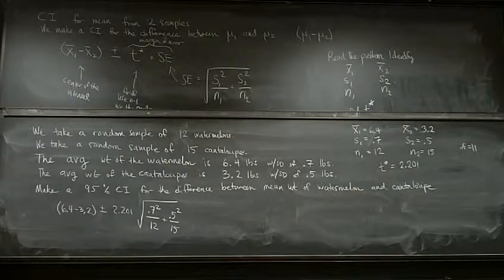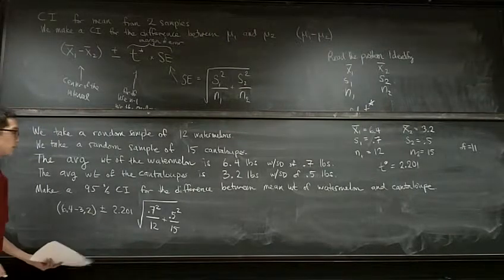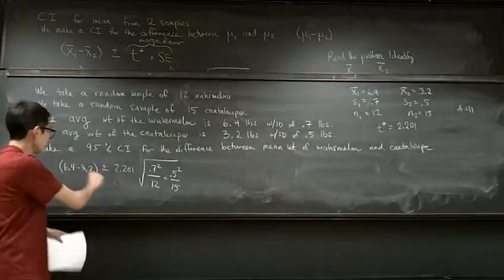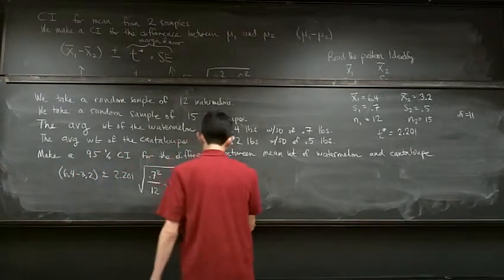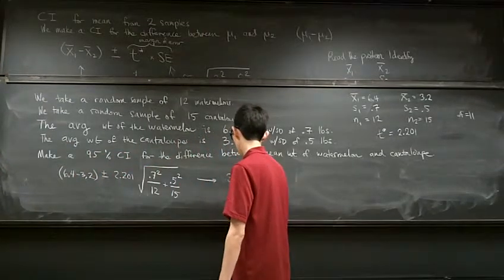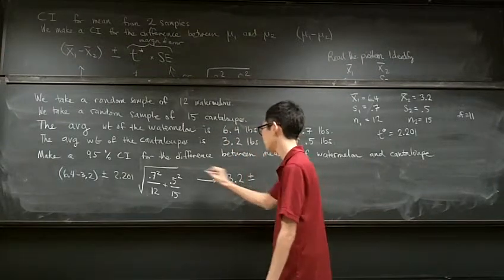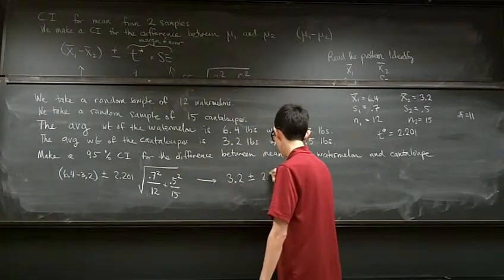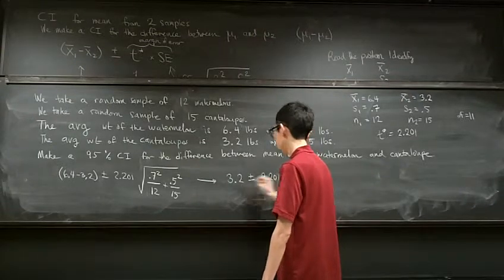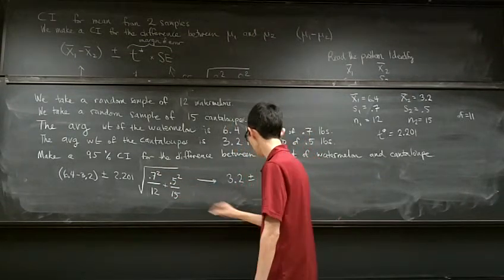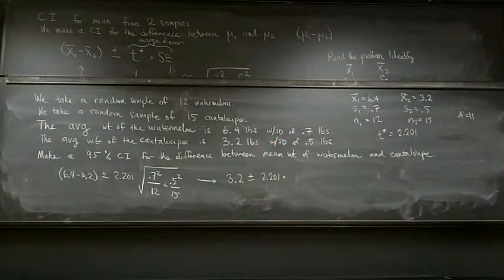Is that okay? Alright. So 6.4 minus 3.2, that becomes 3.2, plus or minus 2.201 times, and when I did this, that's where I got 0.2398.